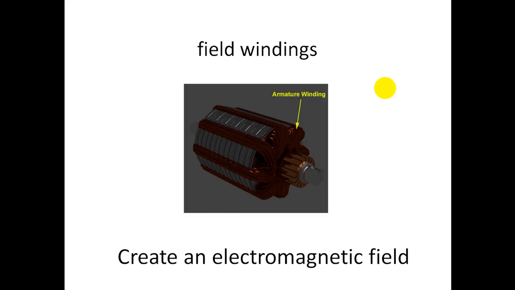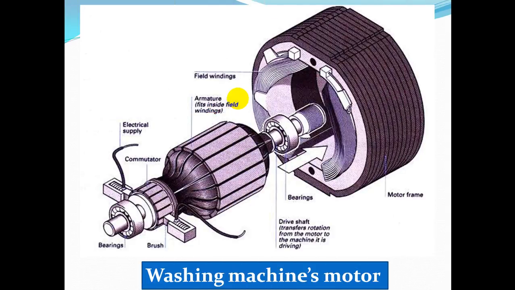Okay, so now I will show you the picture of a washing machine motor, and you can see these components in it. You can see the bearings, two brushes here, the commutator, and then we have the field windings here.